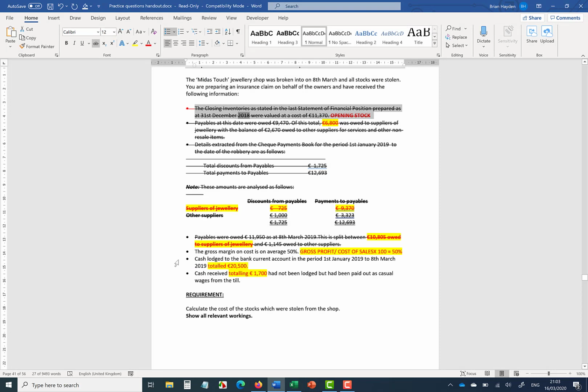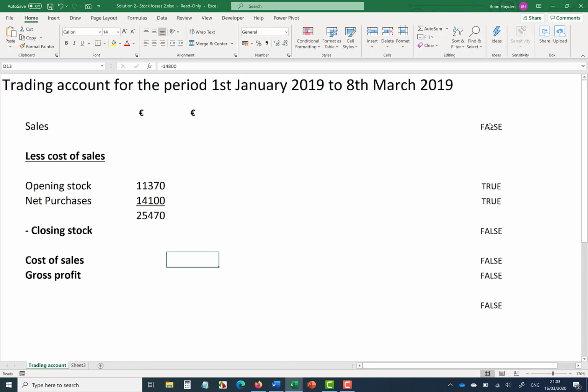So let's look at these items. So cash lodged to the bank account and cash received but not lodged, as I said in the previous video, these represent our sales. So a total of 20,500 plus 1,700 amounts to our sales for the period. So I can slot that into my sales. That's a total of 22,200.